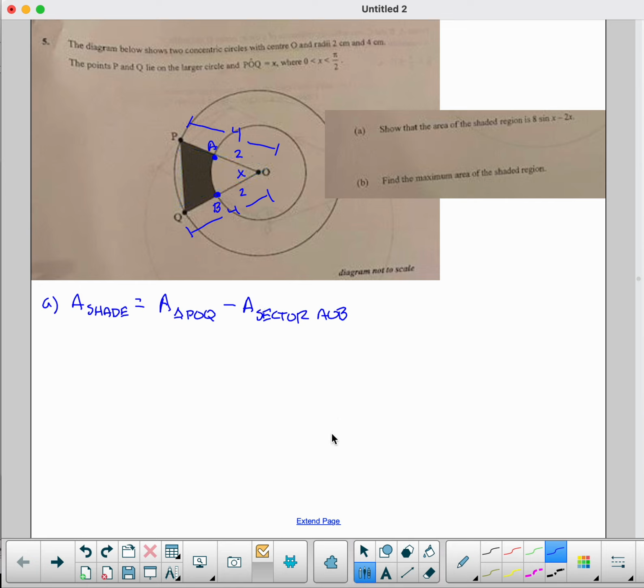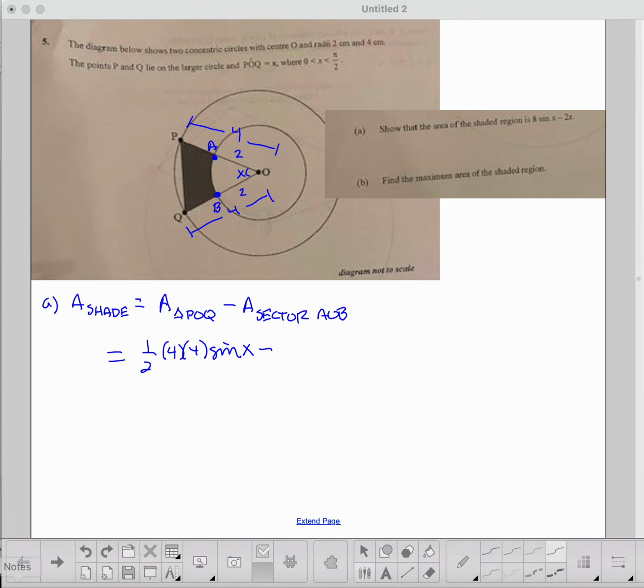From your formula sheet, there's a formula for the area of a triangle, which is 1/2 ab sine C. So this would be 1/2 times 4, the length of OQ and OP, times 4 times the sine of x, the included angle right here, minus the area of sector AOB, also in your formula sheet.